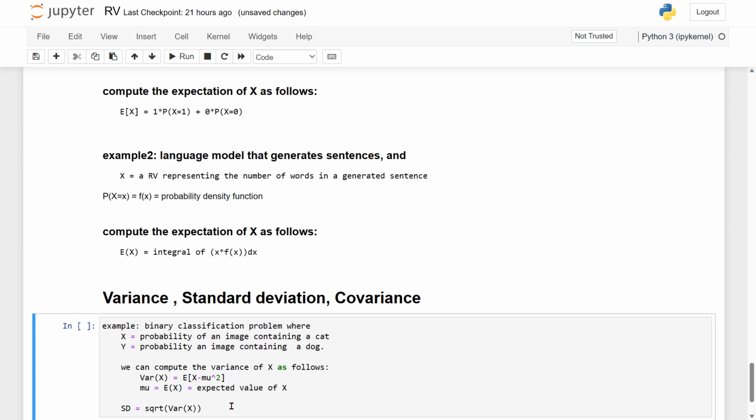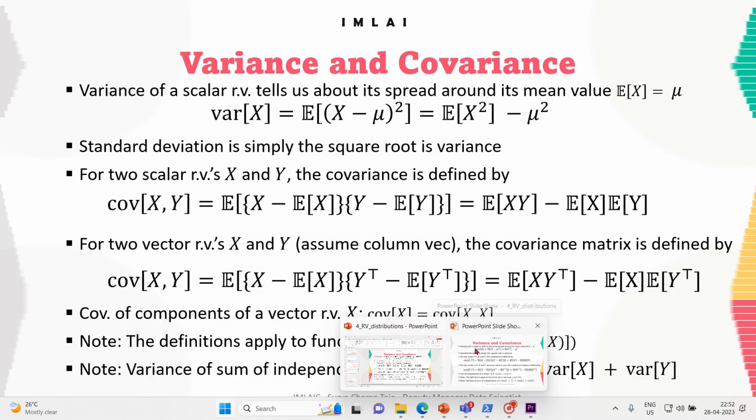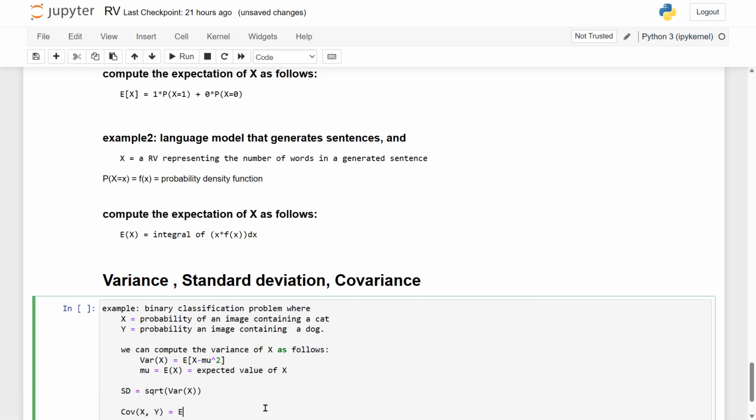So now if you want to calculate the covariance for the same example, the covariance of x comma capital Y, because we have two random variables, it's E of xy minus E of x times E of y. Or you can put it another way: E of (x minus E of x) multiplied by (y minus E of y).